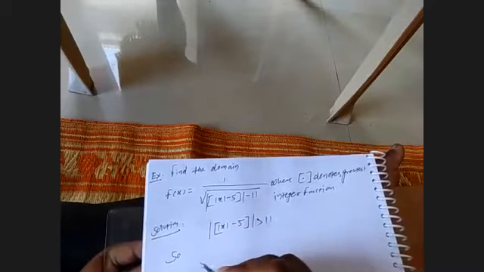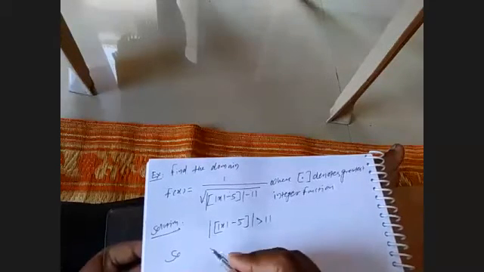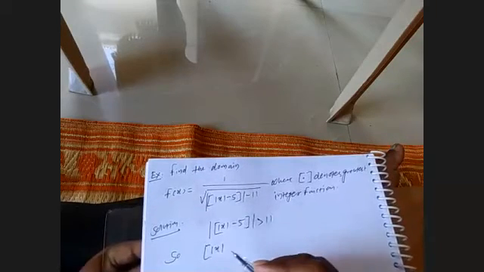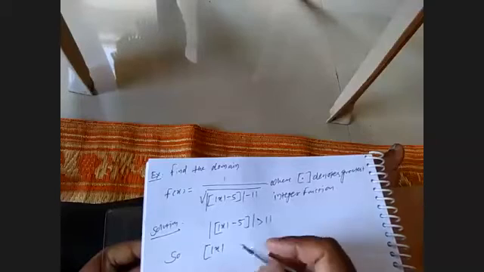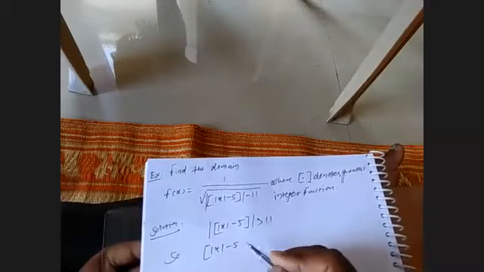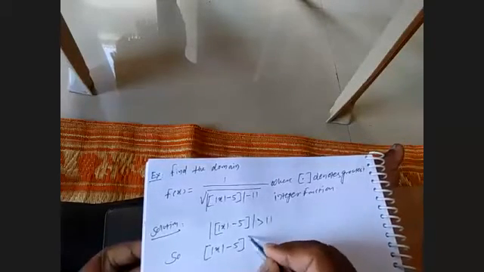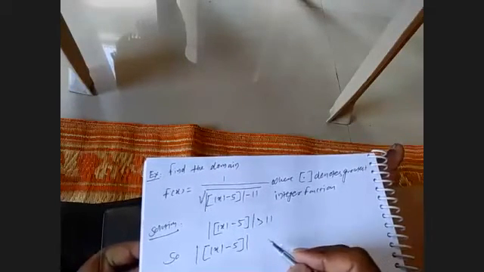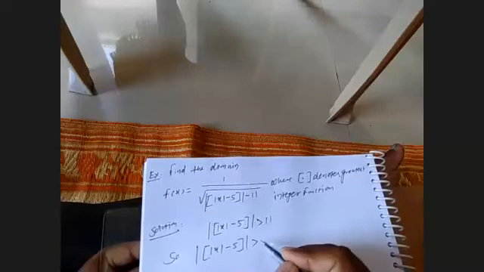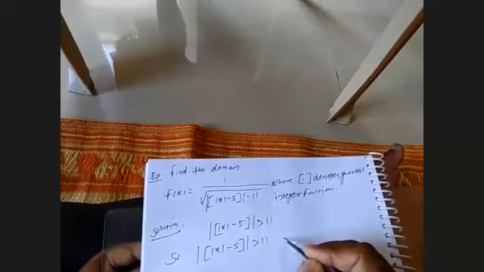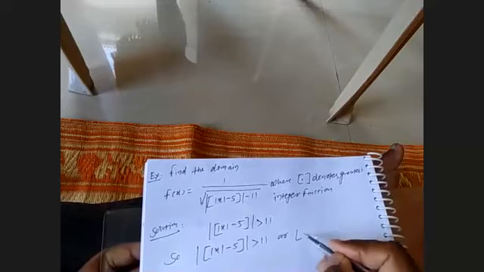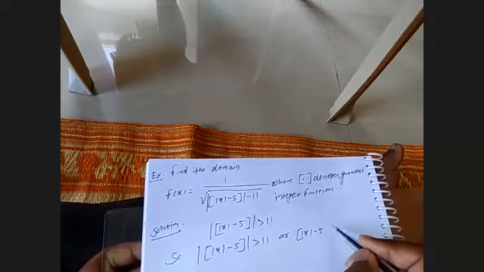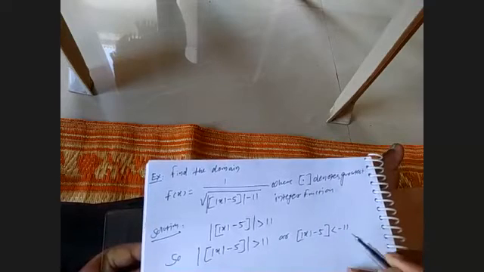So the greatest integer function mod x minus 5 is greater than 11, or the greatest integer function mod x minus 5 is less than minus 11.